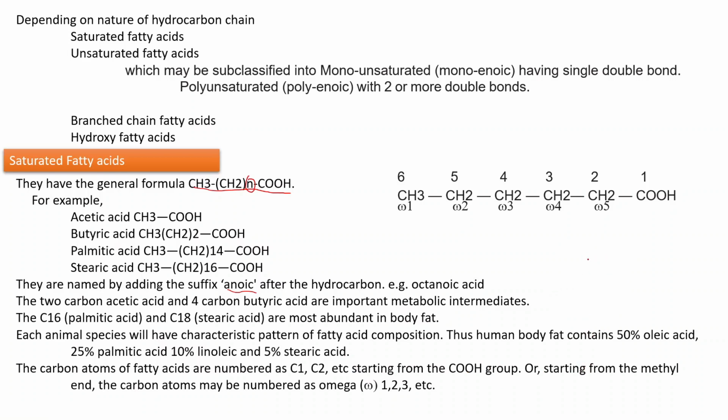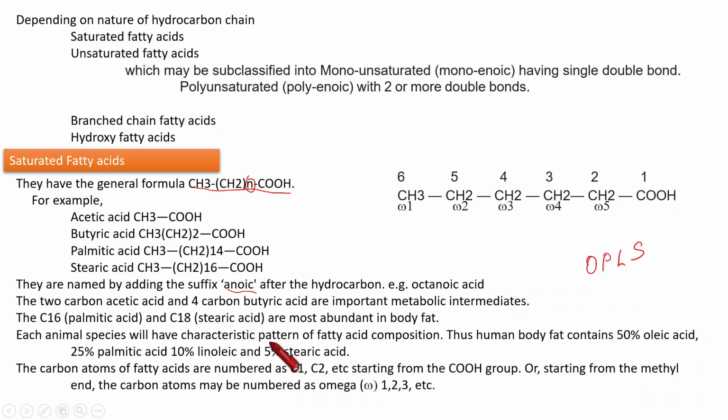I'll show you. O plus: O for oleic acid, P for palmitic, L for linoleic, and S for stearic acid. If we memorize these fatty acids in order, we can very easily remember that concentration gradient sequentially.